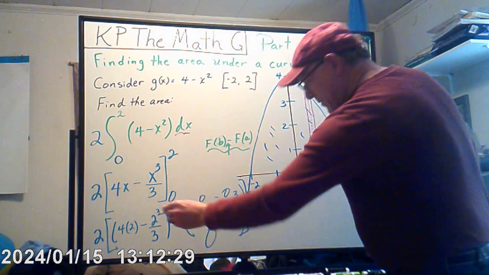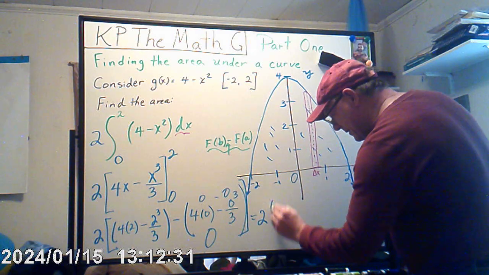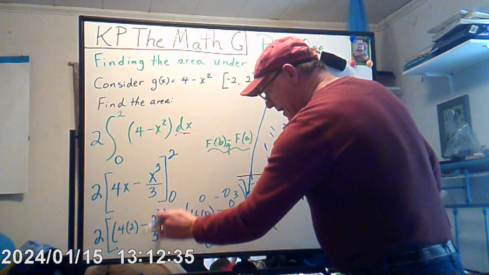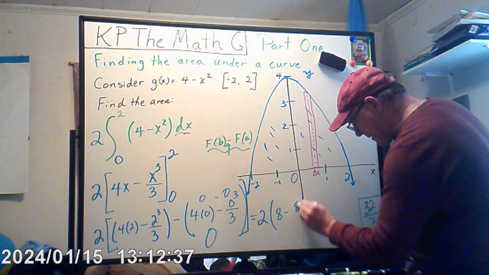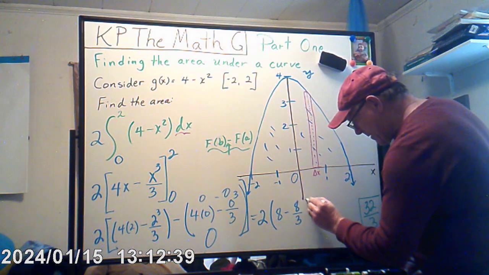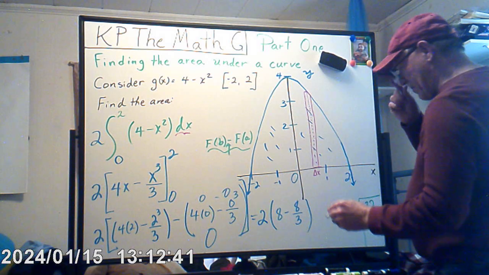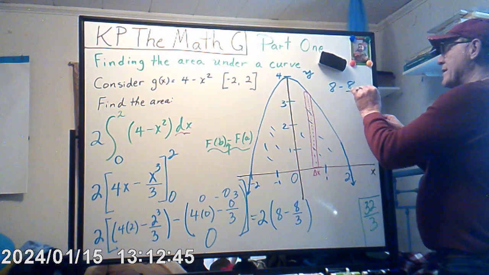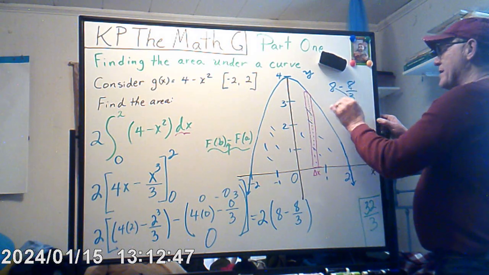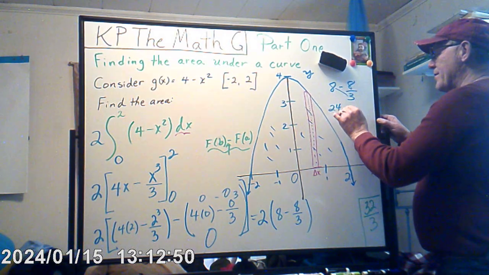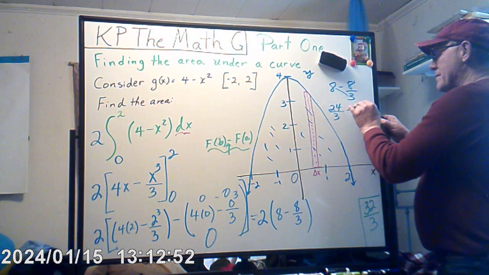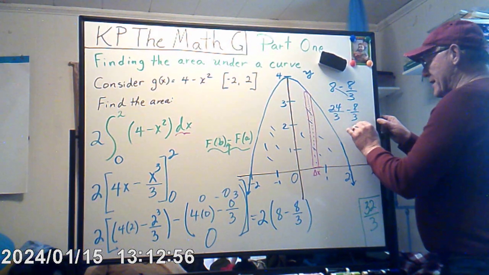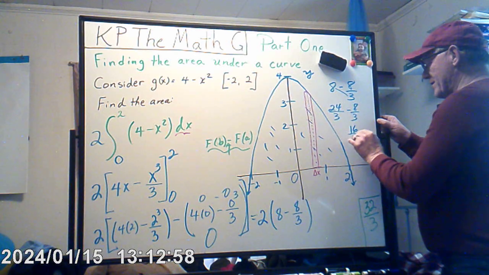So 4 times 2 is 8. 2 cubed is 8 over 3, and we did that up here just a while ago. So 8 minus 8 over 3. Again, 3 times 8 is 24, so 24 over 3 minus 8 over 3. 24 minus 8 is 16, so 16 over 3.